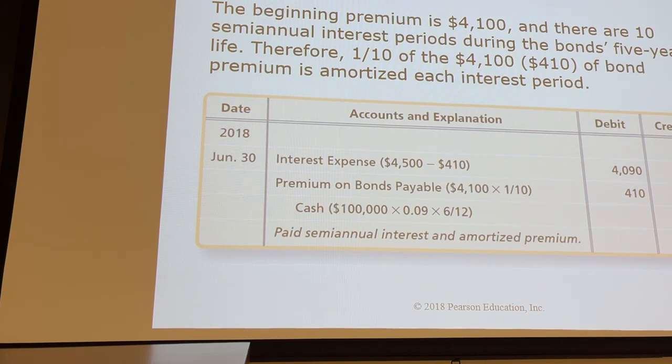The amount of cash interest that we pay out, which is reflected with a credit here, is still going to be $4,500. So in this case, notice that the interest expense that we record with a debit is less than the amount of cash interest that we're paying out. We take the cash interest of $4,500 minus the premium amortization, $410, to get the interest expense, which is $4,090.